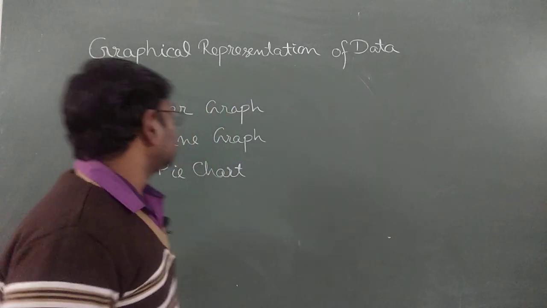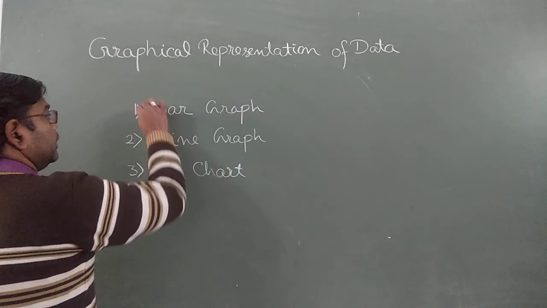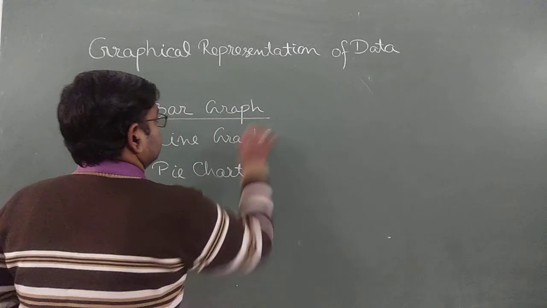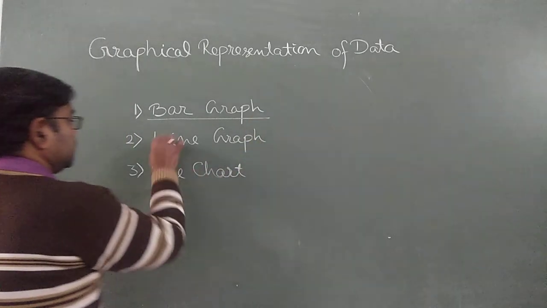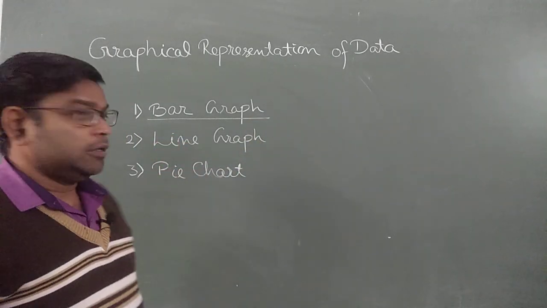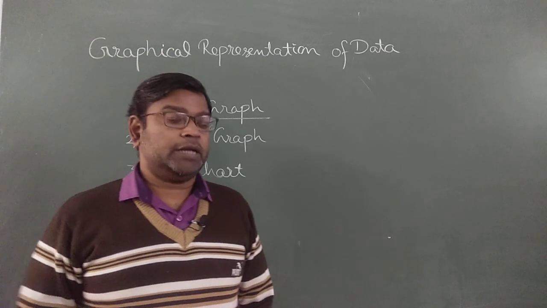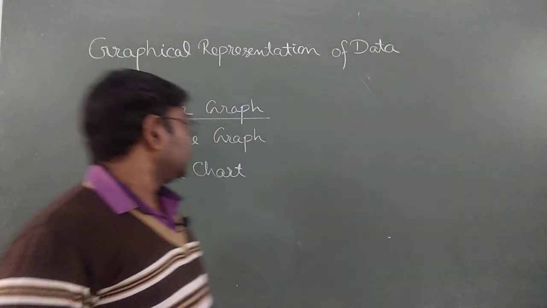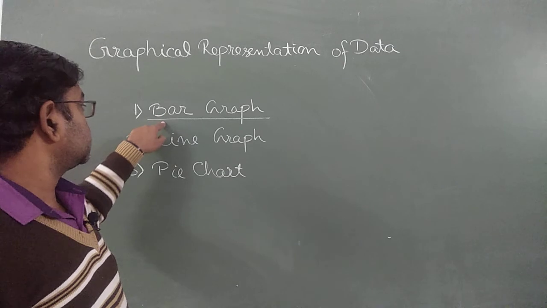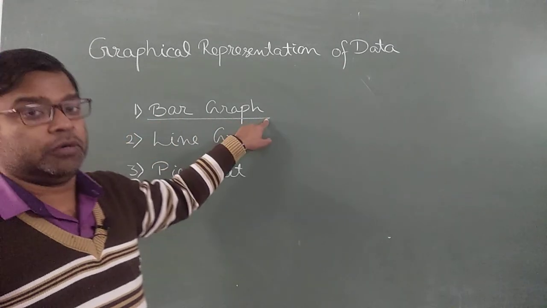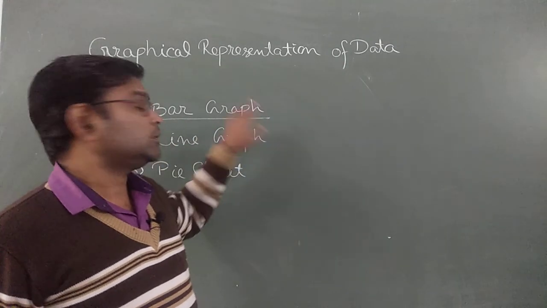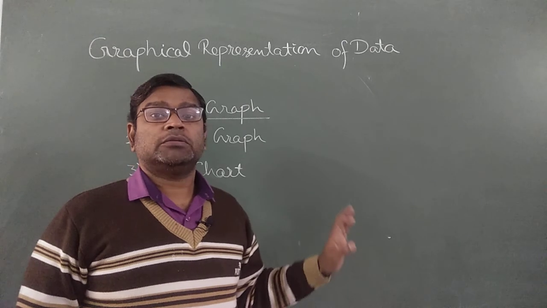In class 7, we only discuss bar graphs. These two parts are part of the next classes, in class 8 or class 9. In your class 7 syllabus, bar graph is most important. So let's start to discuss bar graph.